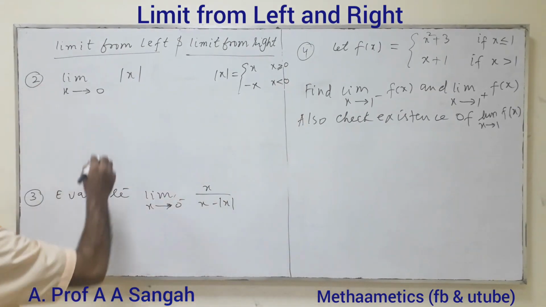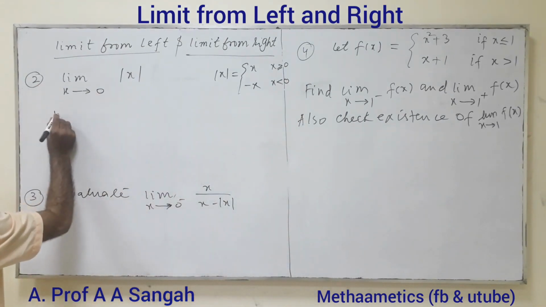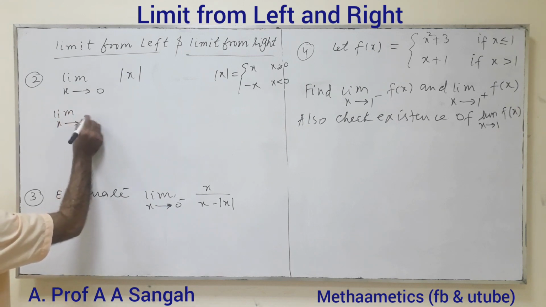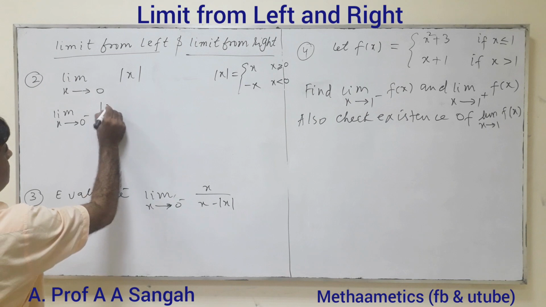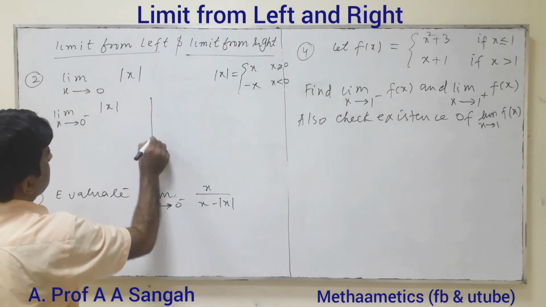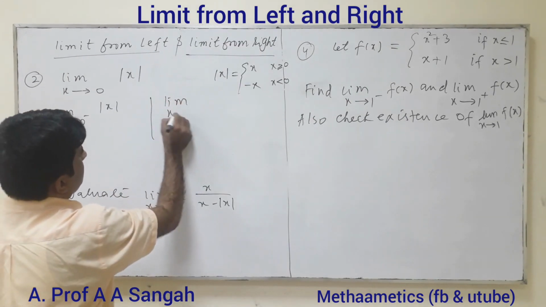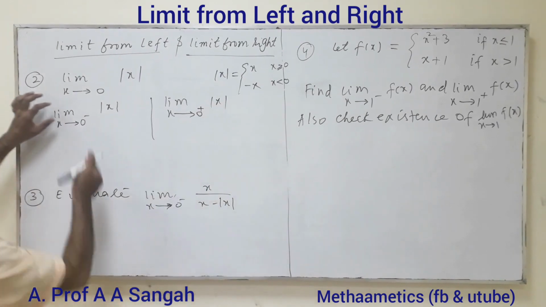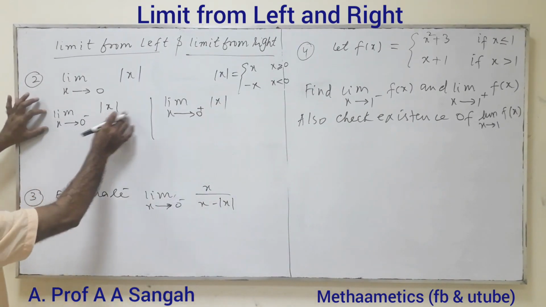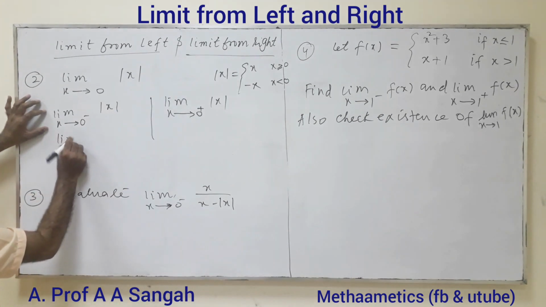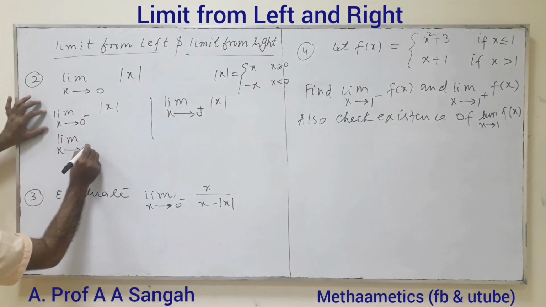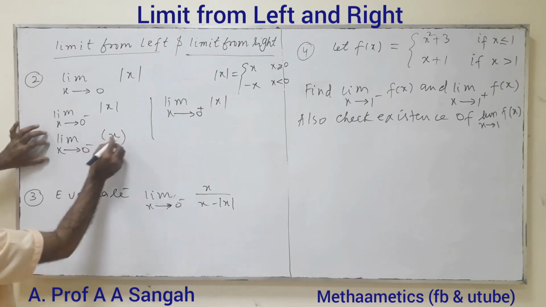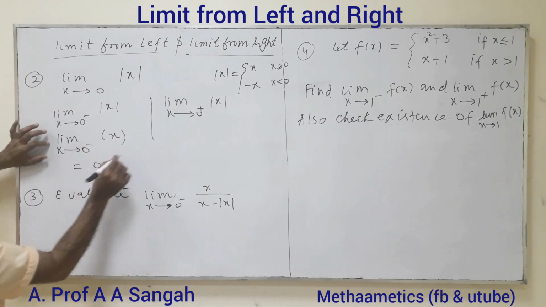So let's find the limit as x tends to 0 from the left hand side and the limit as x tends to 0 from the right hand side of this function. For the right hand side we have x. Applying the limit, we get 0.